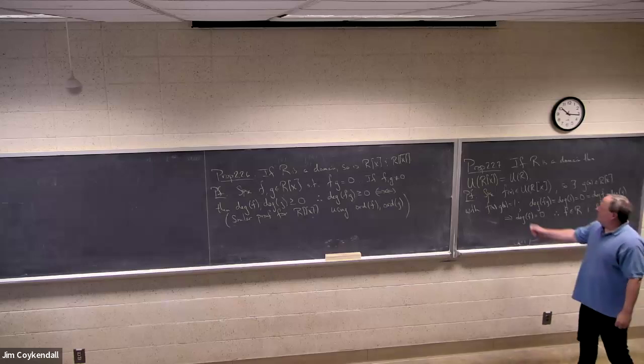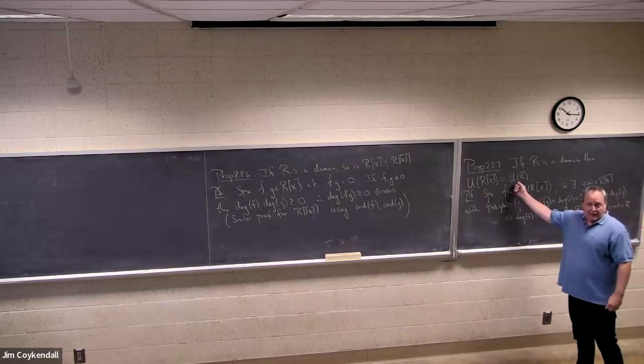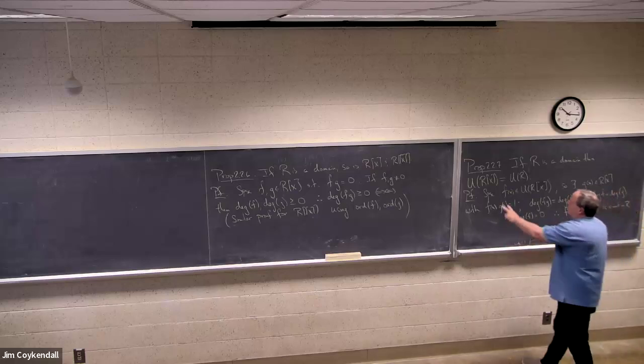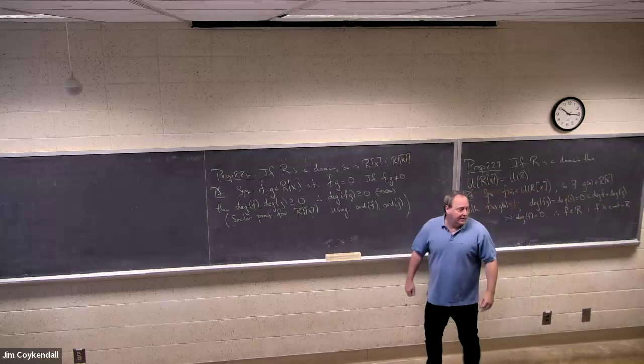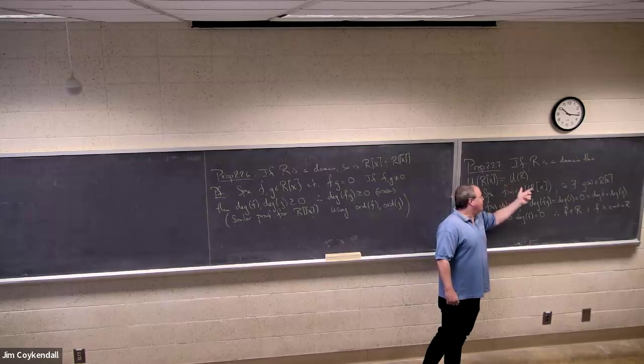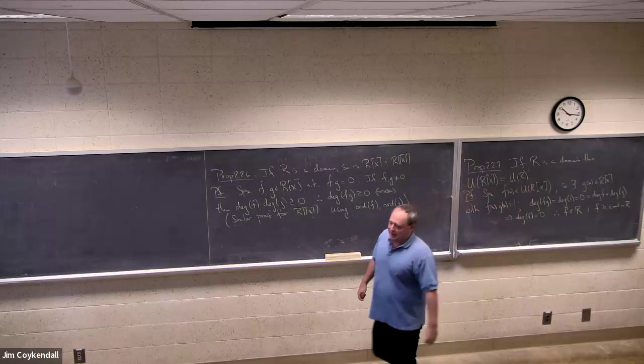Of course, the fact that we're talking about units implies that R is a ring with identity, right? But what if it's got zero divisors in it? What's the structure of U(R[x])? It's not the same anymore, but it's a little bit more general. And whatever the answer happens to be, it should collapse to this in the case that R is a domain.